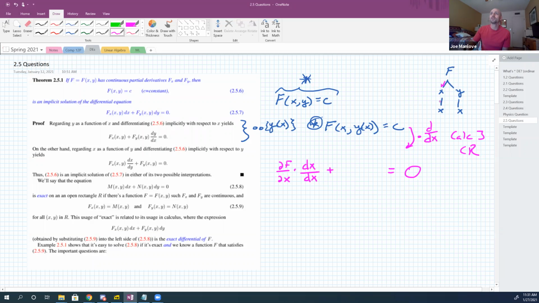Then going down the other branch, I need the partial of f with respect to y. And then y only depends on that one variable x, so I have a times dy dx here.